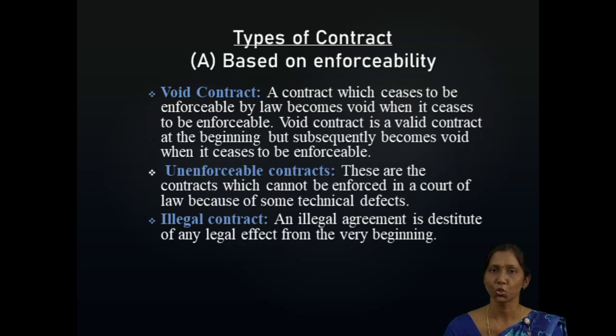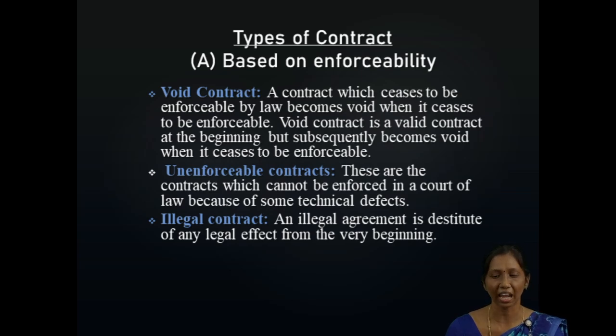But later, due to some disease, the author died, so he cannot complete the book. So that was not enforceable by law. The agreement was okay, but the author could not fulfill the condition. He cannot give the book. So we can say it is a void contract.